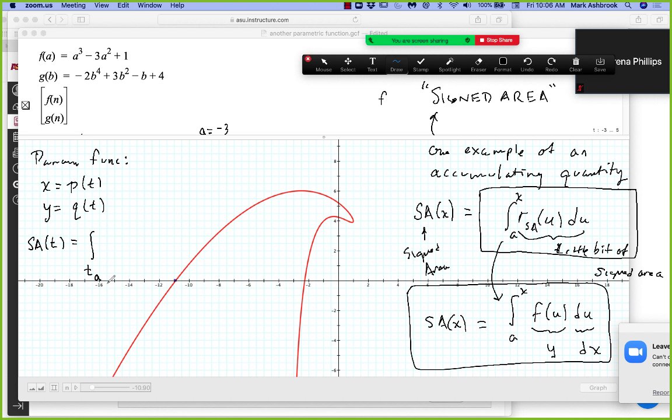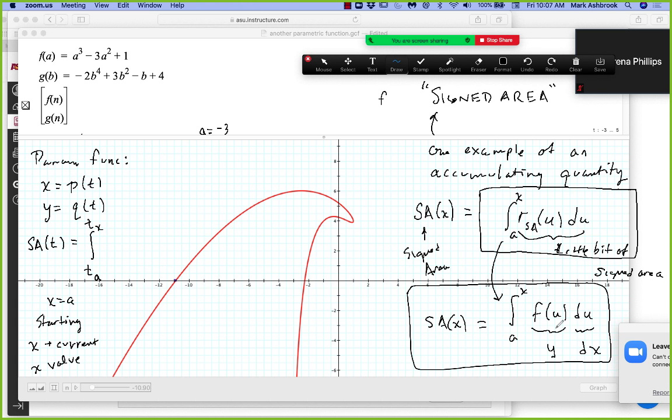This is the t value that gives you a value of x equals a. And then to x, so I'll call this t for the current value of x. So that's pretty simple, right? To rewrite the limits, we just want the t value corresponding to the starting value of x, a, and the t value corresponding to the current value of x.